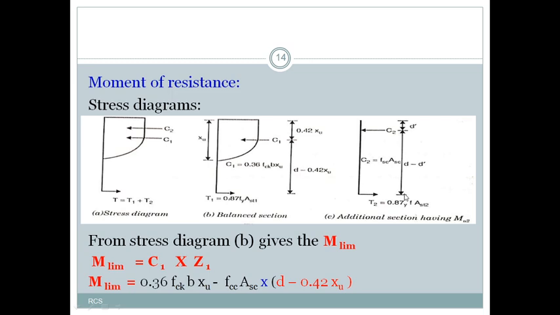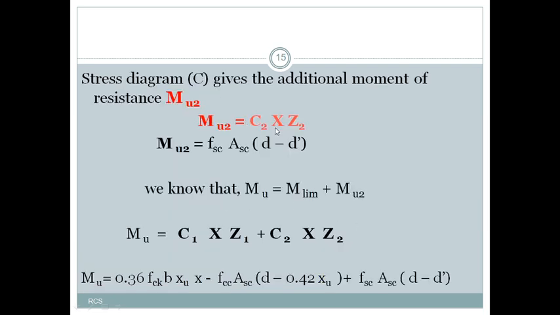The lever arm is from here to here, between the effective depth and d dash. This compressive force acts exactly at the center of the compressive reinforcement, so this depth will be the effective depth minus the compression effective depth, that is d minus d dash. To calculate the moment, C2 must be multiplied by the lever arm. C2 is FSC into ASC multiplied by the lever arm d minus d dash.